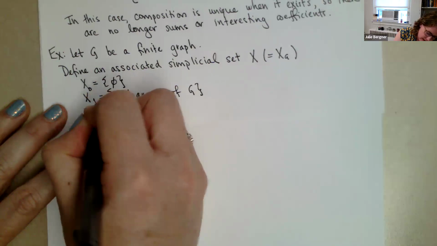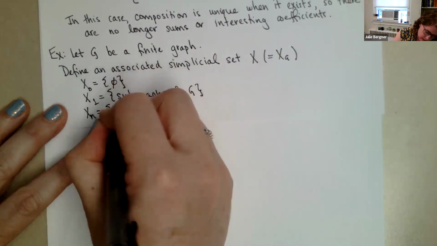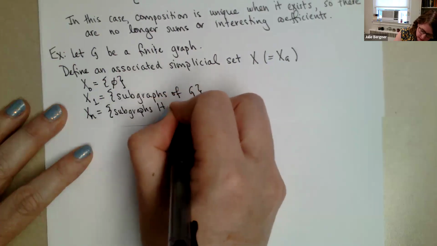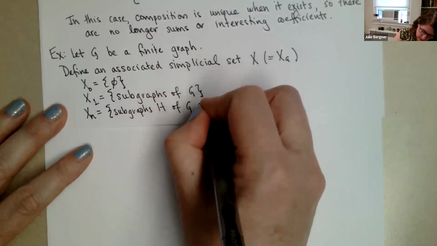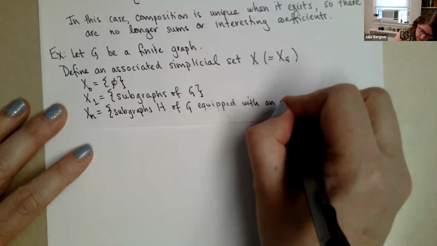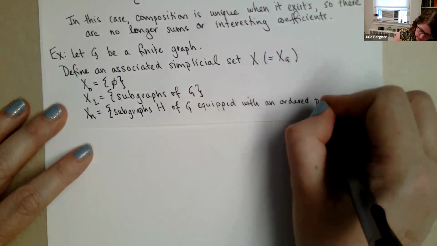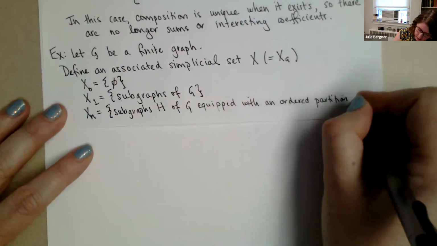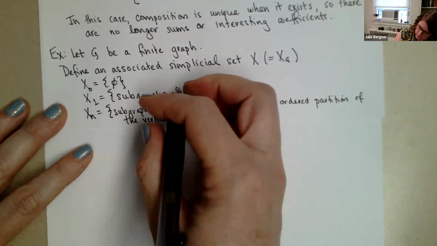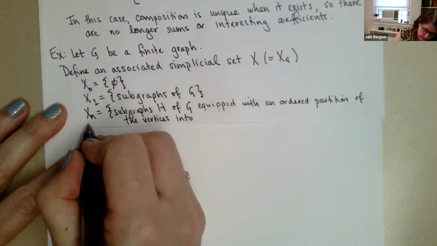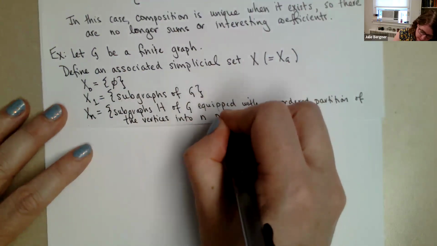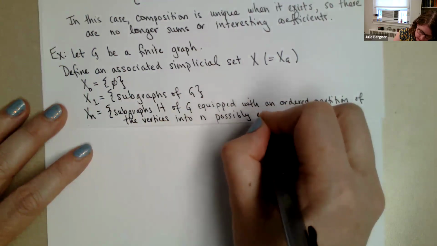And then Xn for higher n will be subgraphs H of G that are equipped with an ordered partition of the vertices of H into n, possibly empty, subsets.